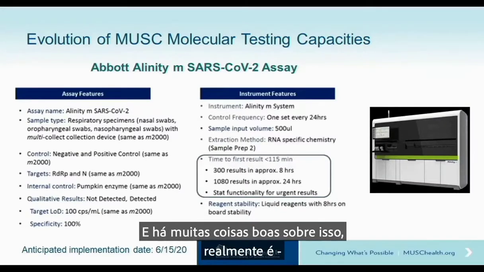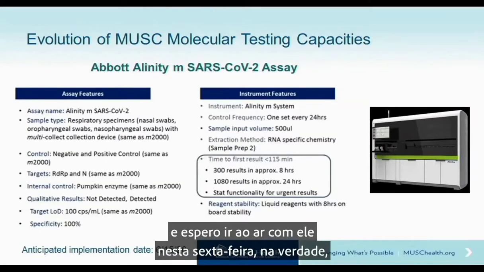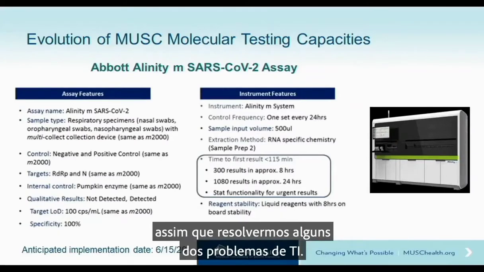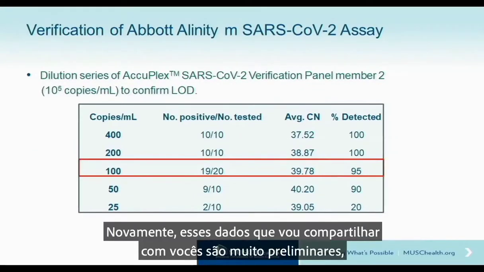There are a lot of other good things about it, but we're really quite pleased to have it and hope to go live with it this Friday, actually, as soon as we get some of the IT issues squared away. Just again, this data I'm going to share with you is very preliminary.